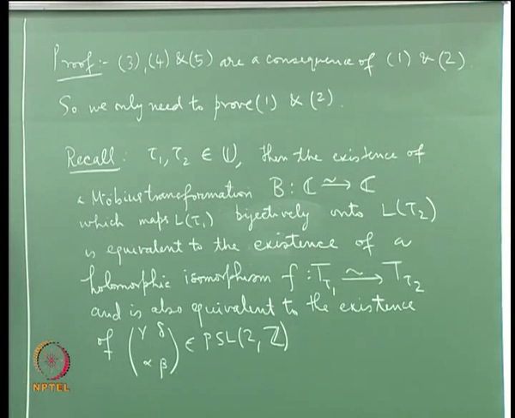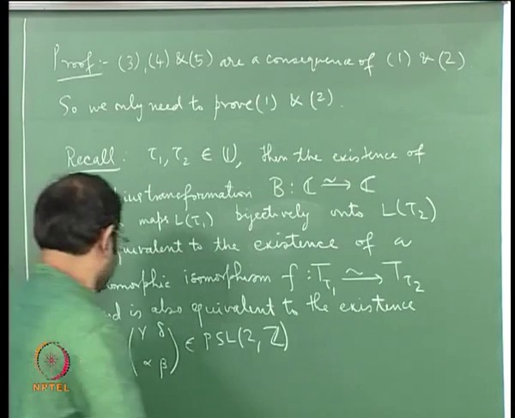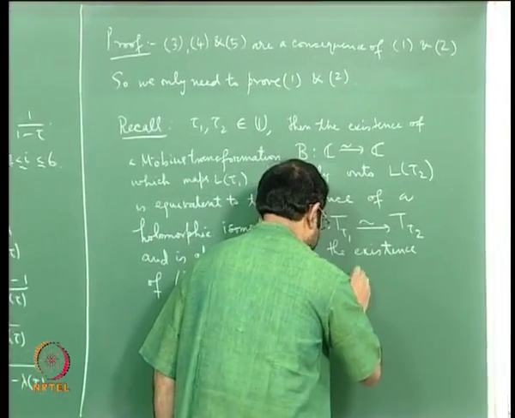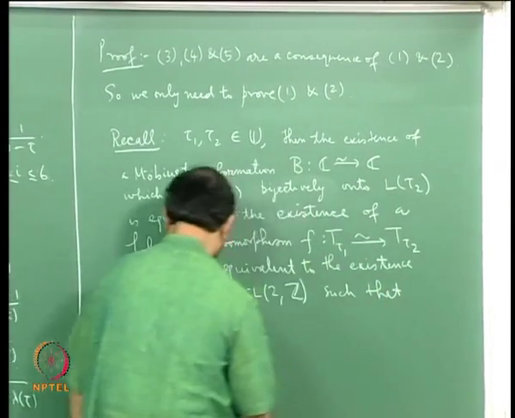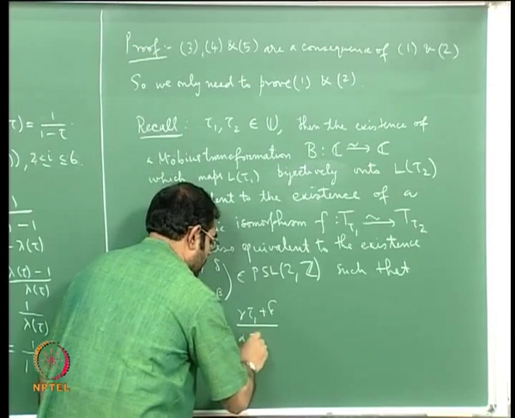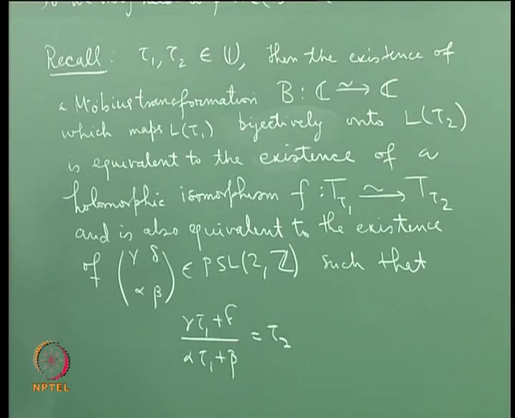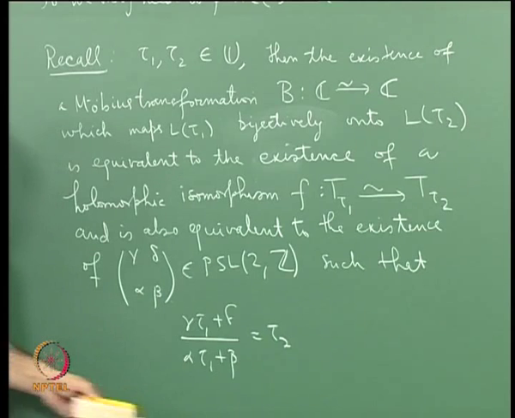So I am unfortunately still writing gamma delta alpha beta because I messed it up in lecture 24, but really it shouldn't matter, such that (gamma tau 1 plus delta) by (alpha tau 1 plus beta) is tau 2, okay. So this is something that we use indispensably, okay.